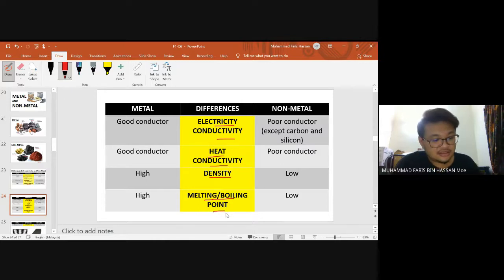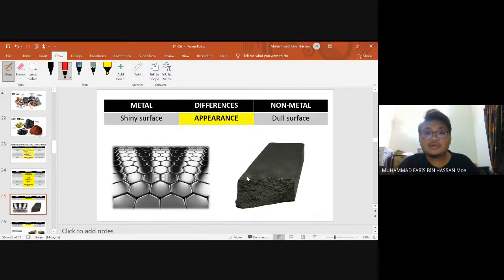You can see the differences between metals and non-metals in figure 6.8 on page 169. So we go one by one.